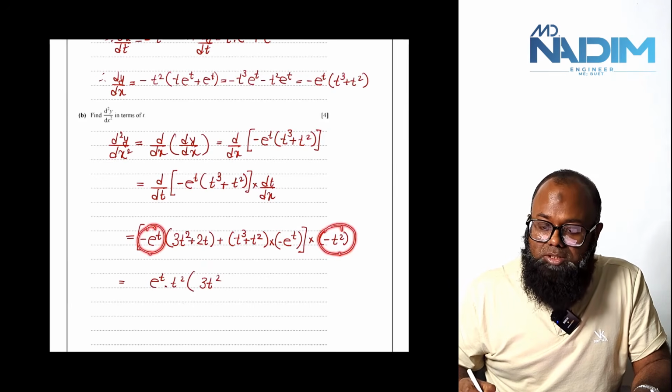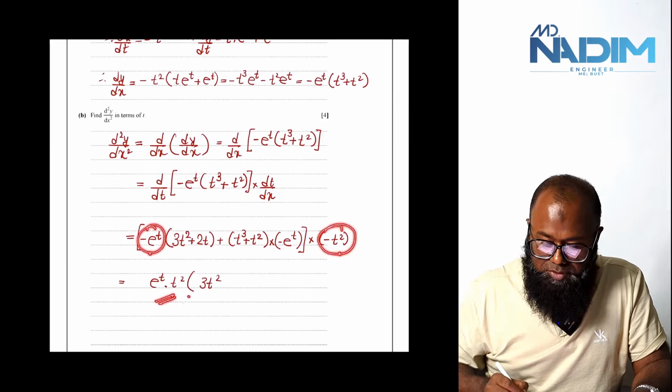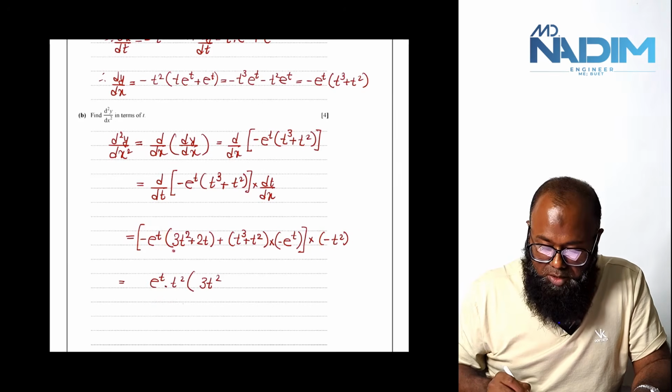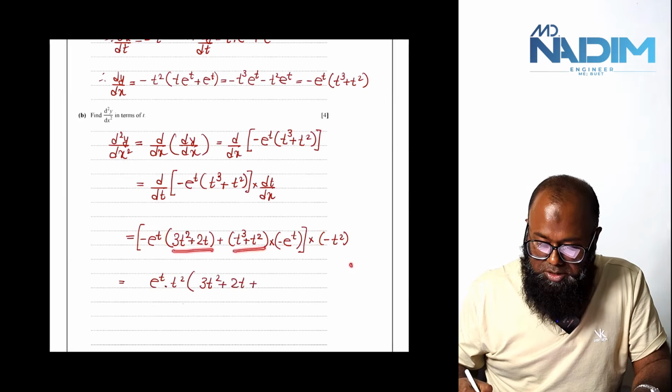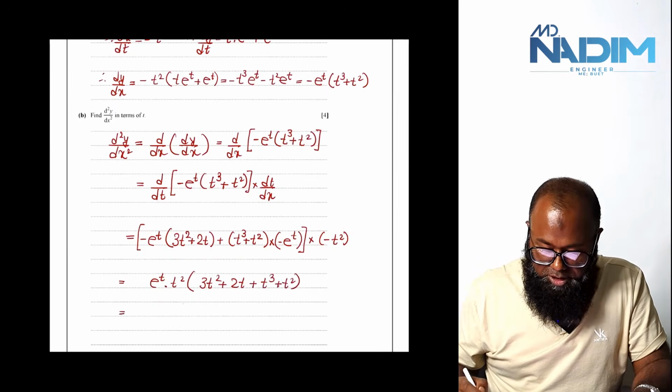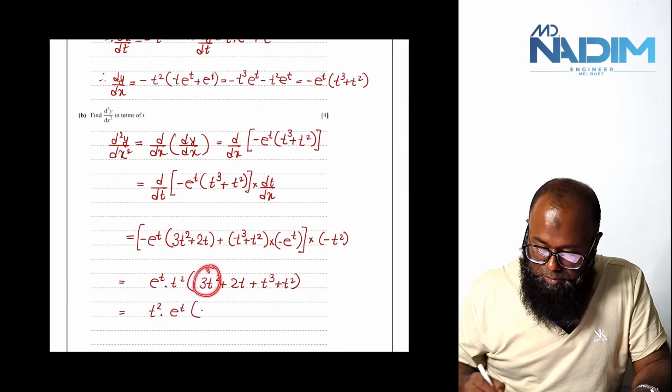This minus here and here will make it positive. So if we multiply these two, I'm getting positive e to the power t, t squared. Now inside the bracket, I'll get 3t squared plus 2t plus t cubed plus t squared. Now I'm getting e to the power t times t squared into t cubed plus 4t squared plus 2t.